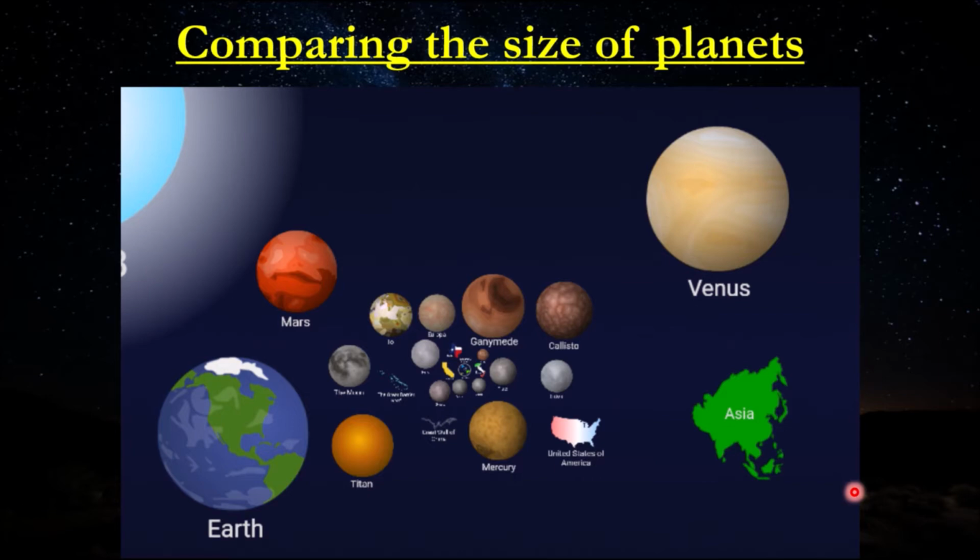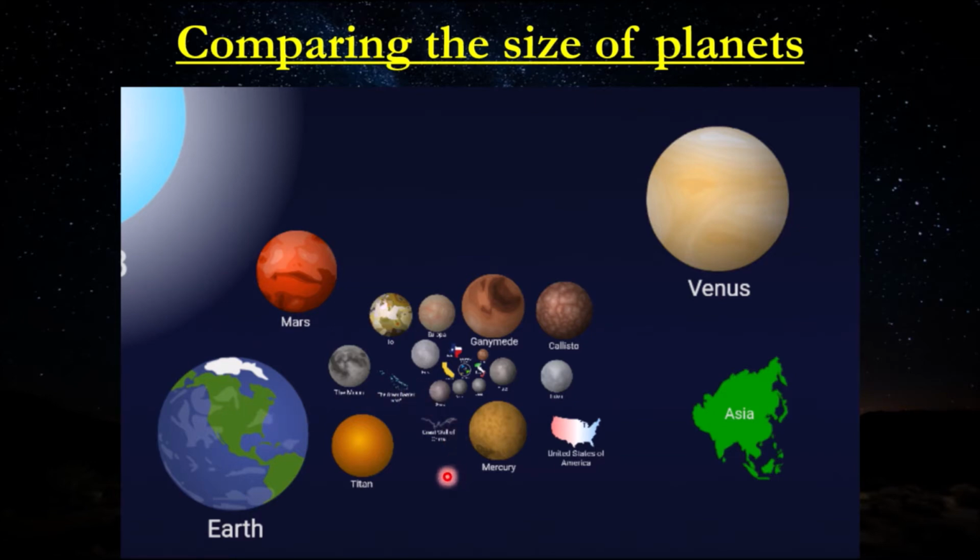So if we have a look at the proper scale, and I'll show you a little animation at the end to finish this off, stay tuned for that. If we compare the size of planets, Earth and Venus have a relatively similar size to each other. Mars, as you can see, compared to Earth, is that. We also have the moon.